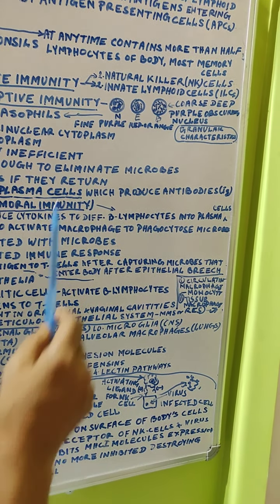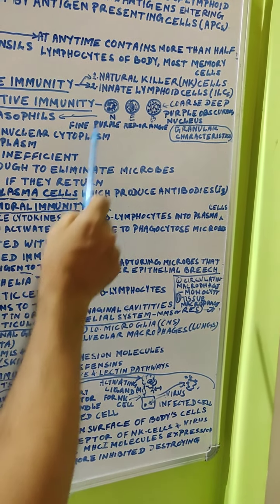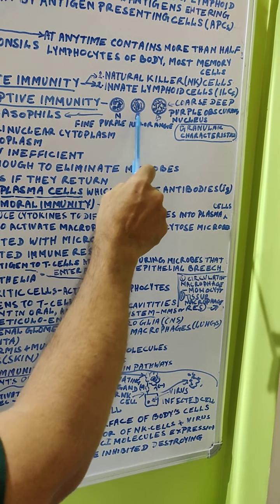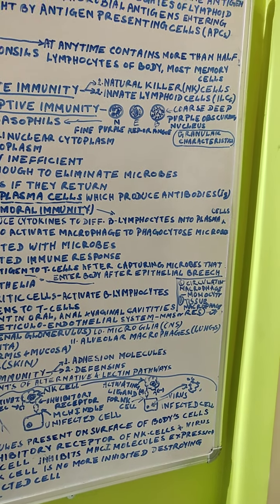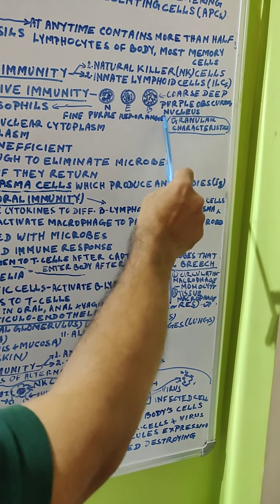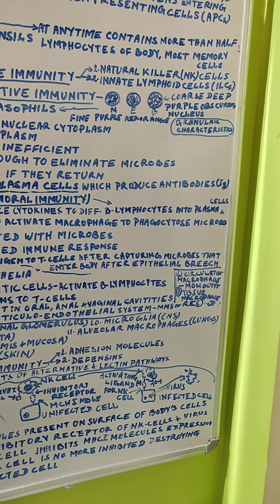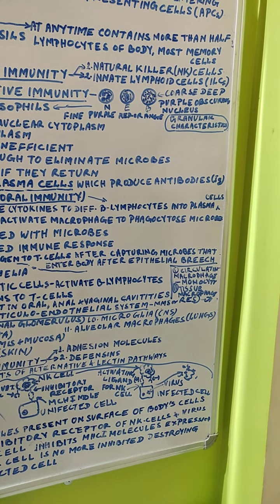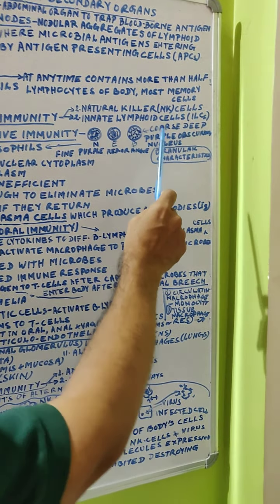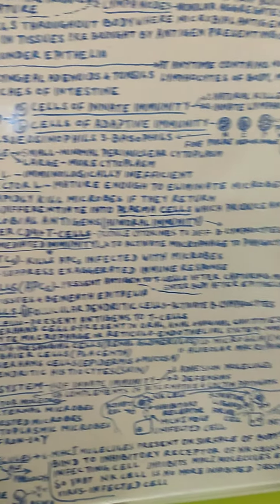Besides that, the characteristic of nucleus, what is that? The nucleus of the neutrophil is multilobed, while the nucleus of the eosinophil is bilobed or kidney-shaped, and the nucleus of the basophil is not usually visible due to the very coarse, deep purple staining granules which cover the nucleus. So these are the characteristics of the granulocytes.